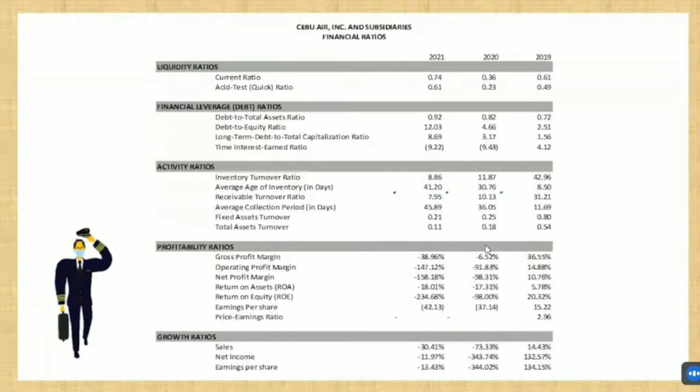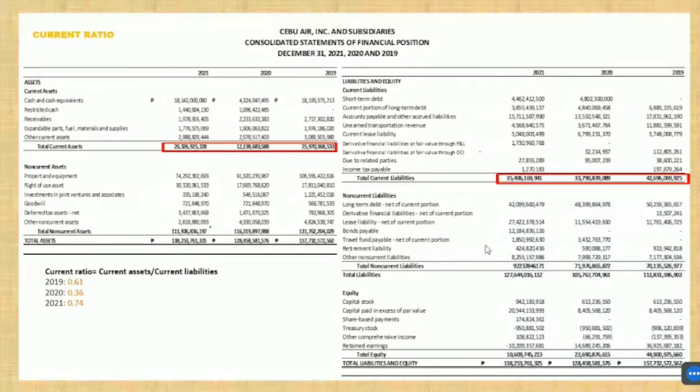Next slide, Miss Press. So in the liquidity ratios, the current ratio is computed as current assets divided by current liabilities. Here we can assess whether they are handling their short-term obligations well.